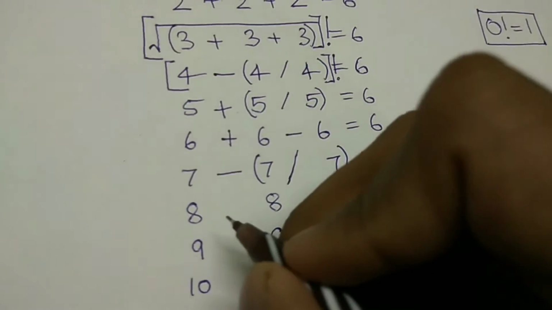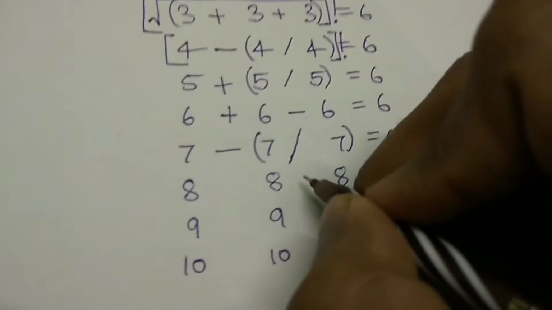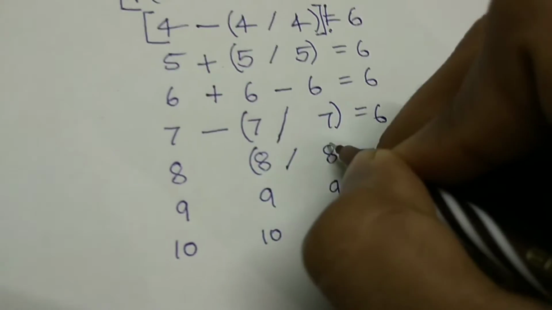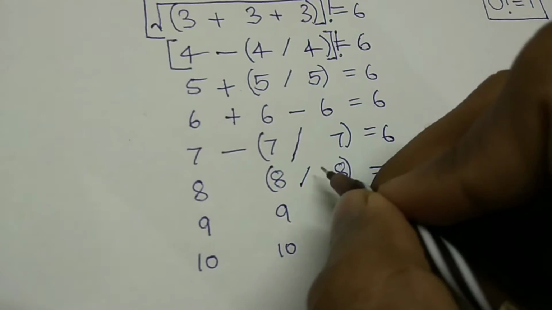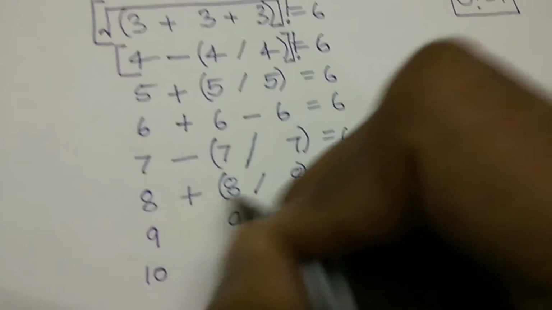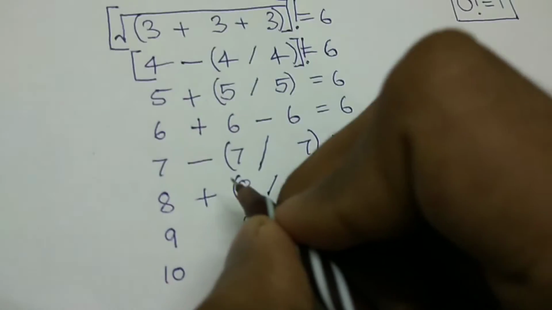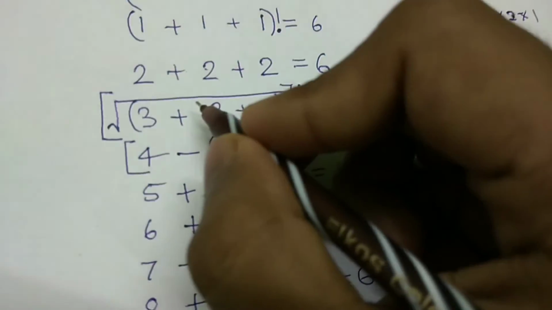And 8 is a little bit confusing, so I will show you. First we will do the same thing, we will divide 8 by 8, and that is actually 1. And then we will add 1, so 8 plus 1 will be 9. When we do that, we will get a similar result as this. 3 plus 3 plus 3 is 9.